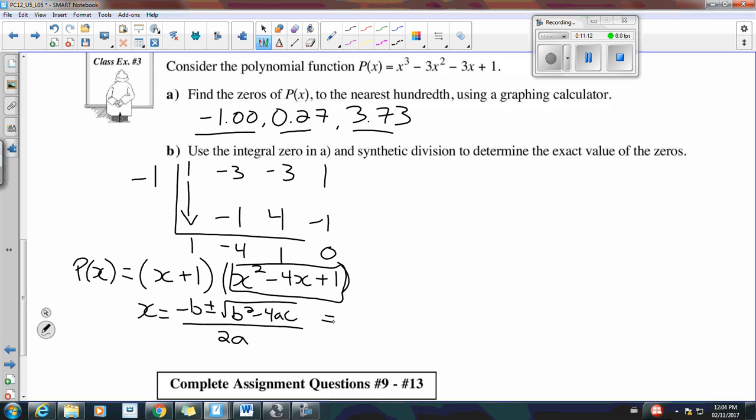Our b value is negative 4. So negative 4 squared minus 4 times 1 times 1. A and c are both 1, over 2 times 1. So simplifying this, we get 4 plus or minus root 12 over 2.